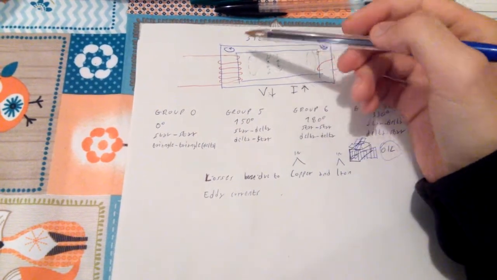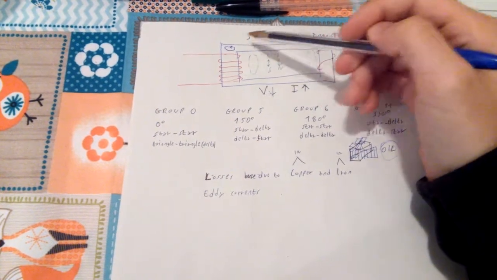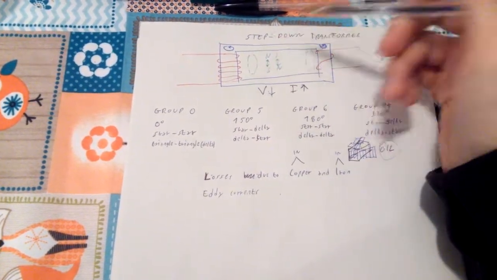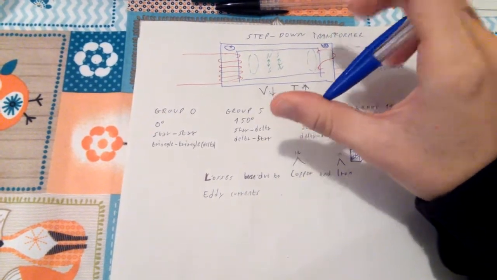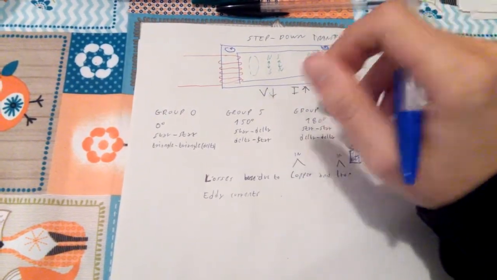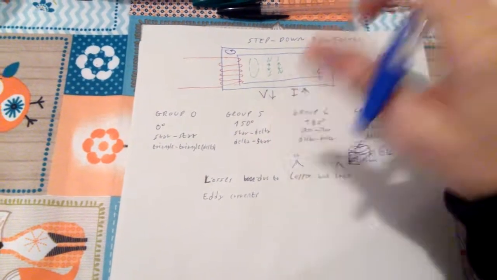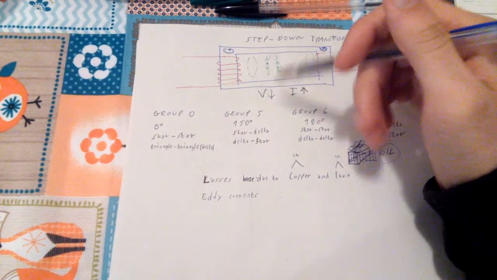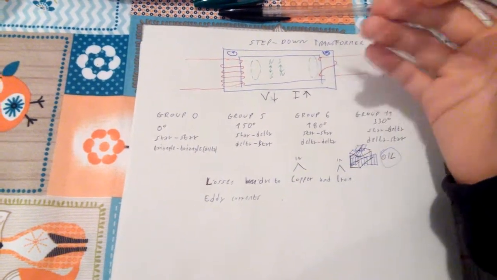That's because the material that we're going to use for the transformer is not completely isolated and doesn't do nothing when the current goes through it. It's going to do something.